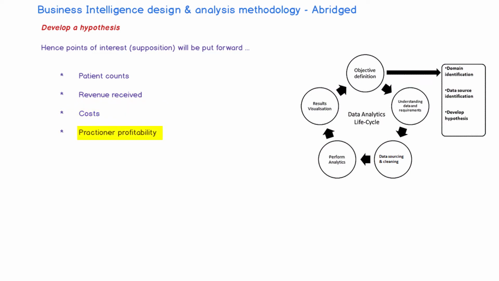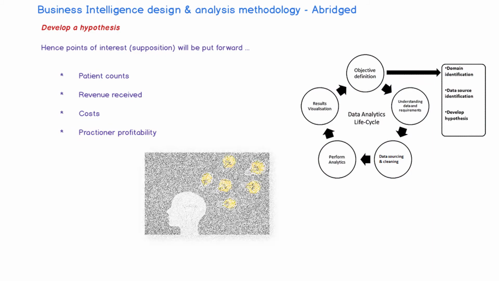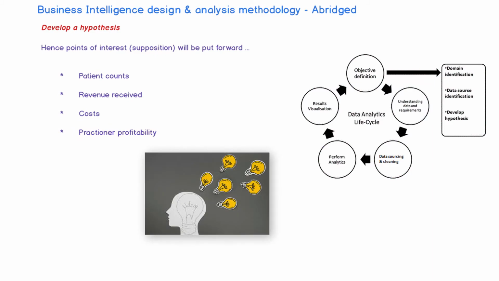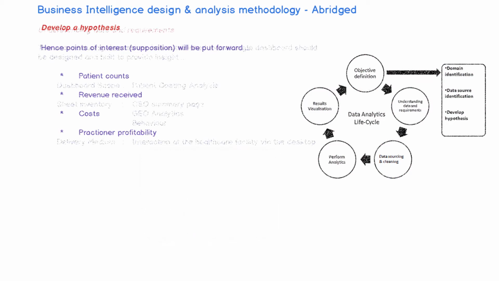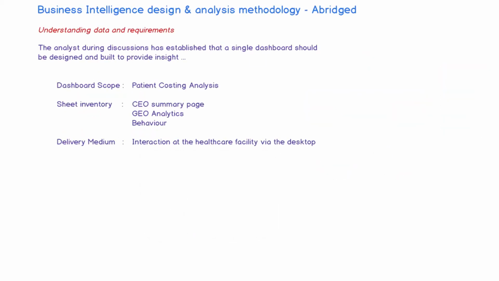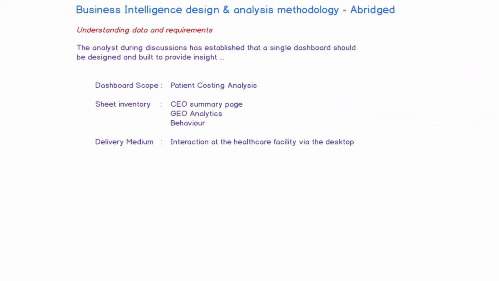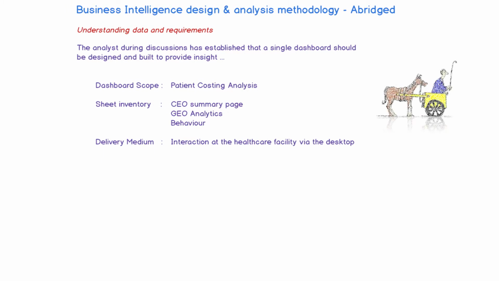So again, all these things are starting to swirl around the dialogue and the user's thinking more about what's happening with the data and the application and what they expect to see to assist with their day-to-day decision-making process. Now, even though we say understanding data and requirements, I've mentioned that this looks a bit cart before the horse. I like to understand the requirements first before I go back and start looking at the data.